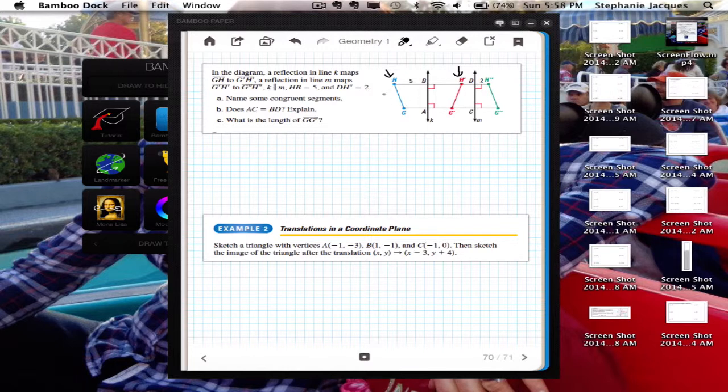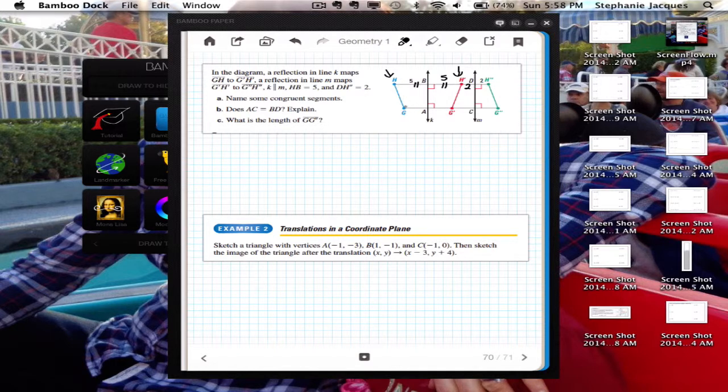Let's first start looking at this. If we know that from here to here is a reflection, then we know that HB is going to be equal to H prime B. So we know this will be 5. Now we have H prime being reflected over DC to give me H double prime. We know that from D to H double prime it's 2, and that means that from D to H prime it's 2.